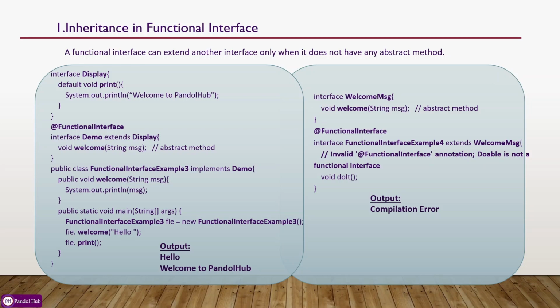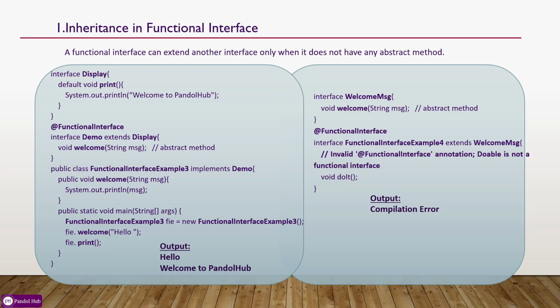The compiler identifies that as a functional interface because it is an interface with an abstract method in it. So if this functional interface is going to extend this interface, what happens is this functional interface, example 4, is forced to include this abstract method also, because the parent method also becomes a part of it. In that case, the concept that it should have only one abstract method gets disturbed, and this functional interface doesn't act as a functional interface anymore since it has two abstract methods.